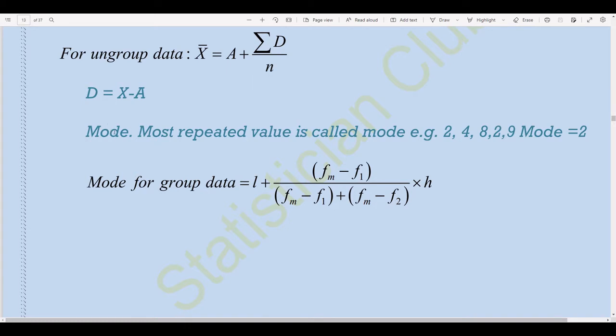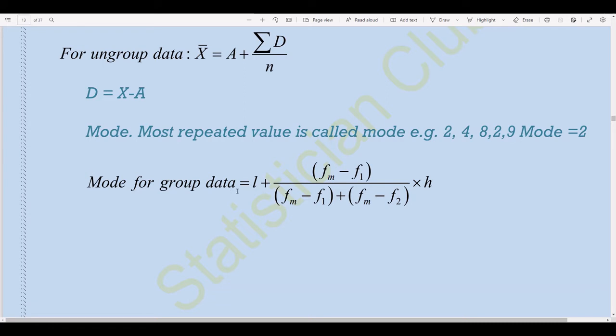For mode, the most repeated value is called mode. The most repeated value or observation is called mode. Here are the values 2, 4, 8, 2, 9 and the most repeated value is 2, so 2 is the mode.